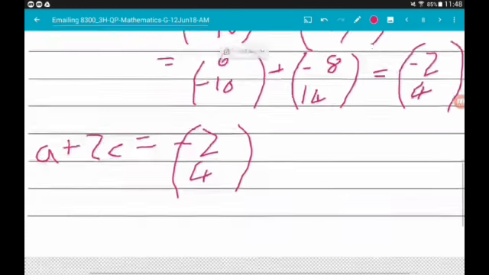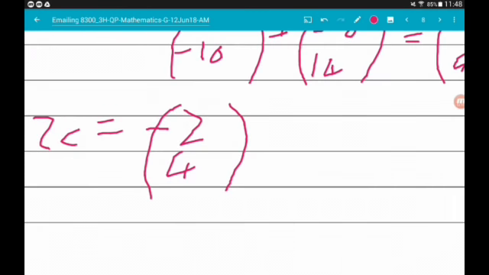Now, if we check this out, we've got a common factor here between the top and bottom of 2. So we could write this as 2 lots of -1, 2.